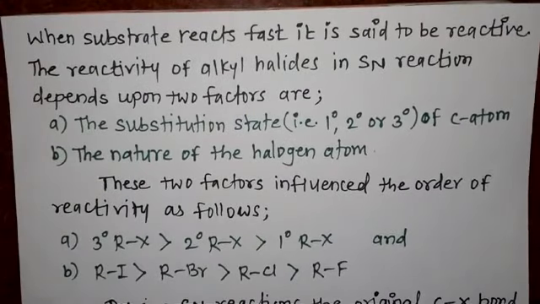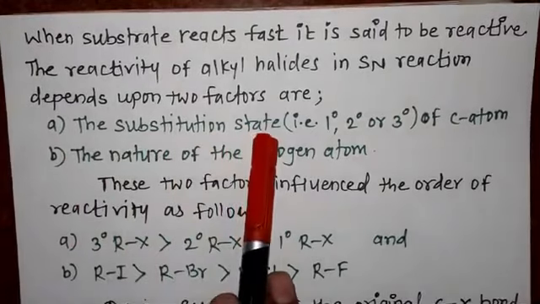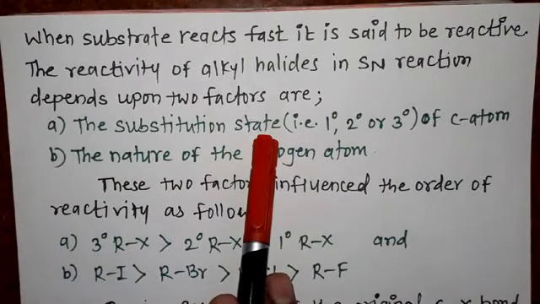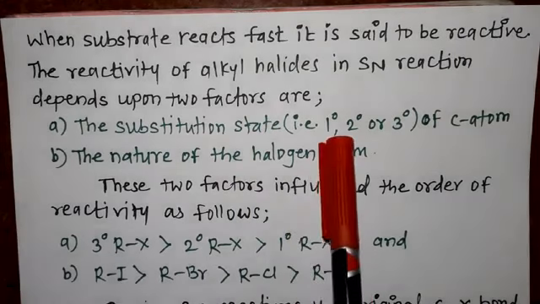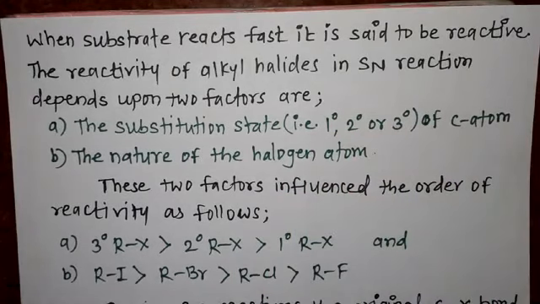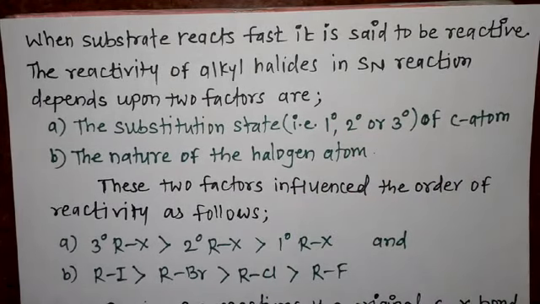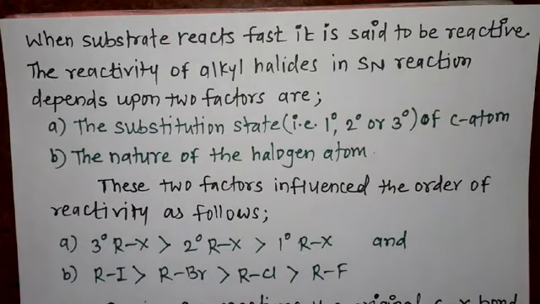The first factor is the substitution state of the carbon atom in a substrate, and the substitution states are primary, secondary and tertiary carbon atom in alkyl halide. And the second is the nature of the halogen atom, whether most reactive or less reactive.